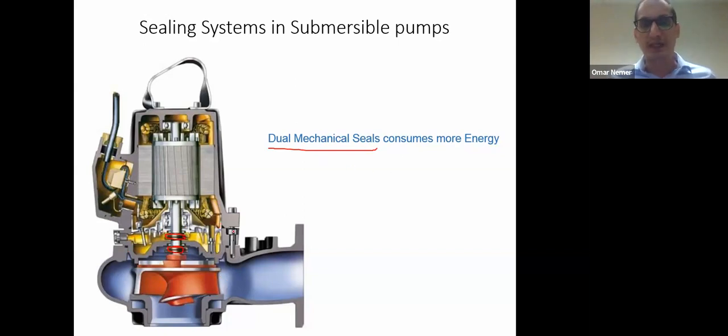Generally, these dual mechanical seals have their own chamber, and there is a sealing liquid, which is mostly oil. This oil helps to cool these mechanical seals without the need for the pumped liquid, which contains impurities and particles, to cool them.